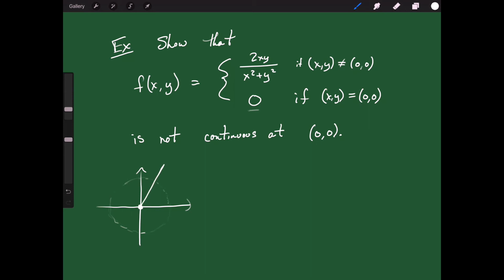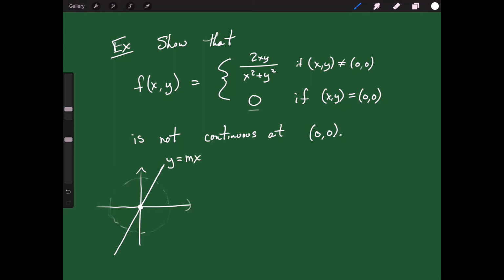I'm going to call it a path along some line that goes through 0, 0. It could be any path. I'm just choosing a line path because it makes it easier for me. Let's say that this line is y equals mx.